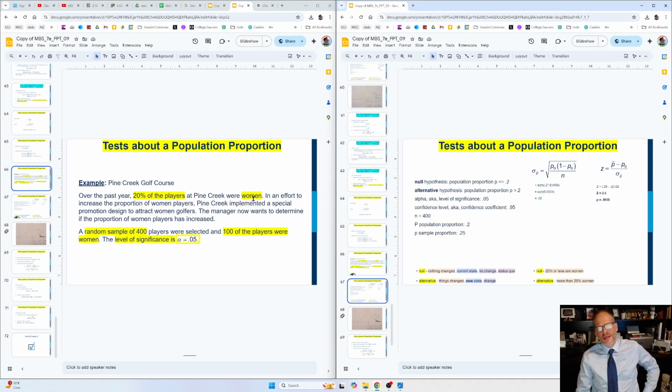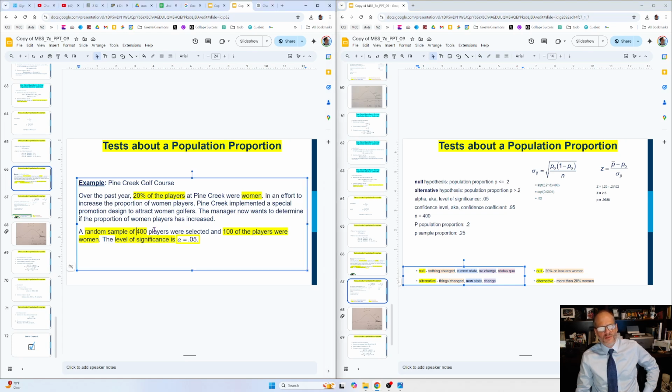That current state is going to be our null state, like nothing changes. We're going to have 20% or less players are women. So the null hypothesis will be that the proportion is less than or equal to 0.2. And the alternative is change. Things have changed. After this marketing has been done, they then do a random sample of 400. So n is equal to 400.